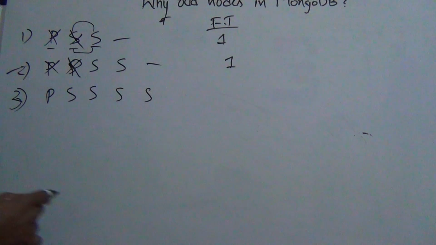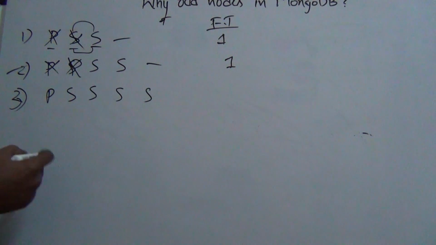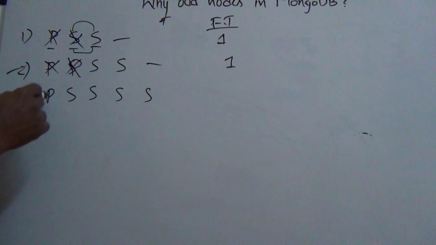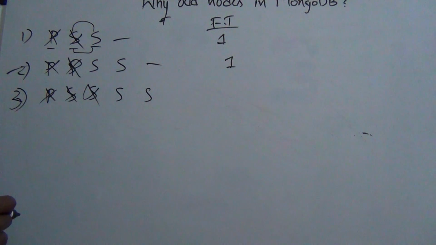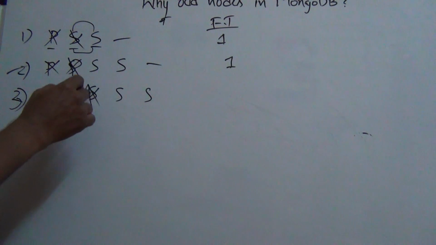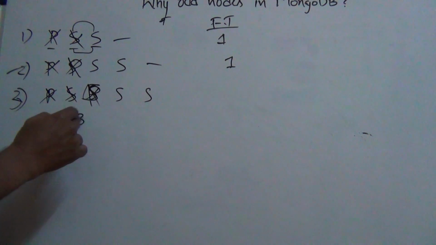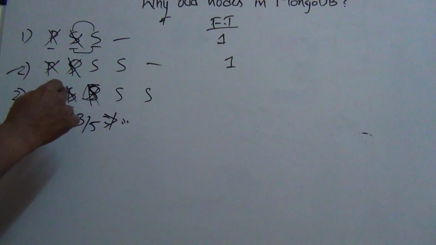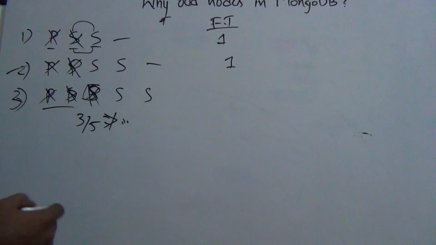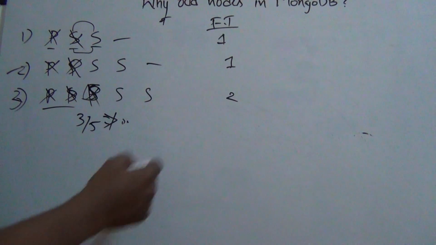And if you go for a 5 node replica set, this can be down, and this can be down, and this cannot be down, because 3 by 5 is not greater than 0.5. So in this case 2 nodes can go down, and the fault tolerance is 2.